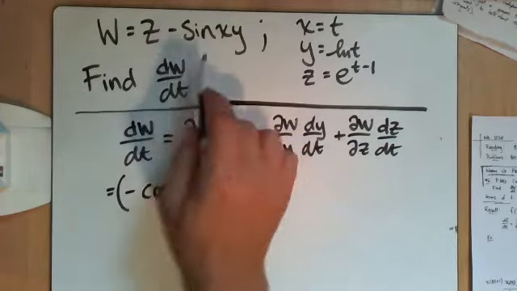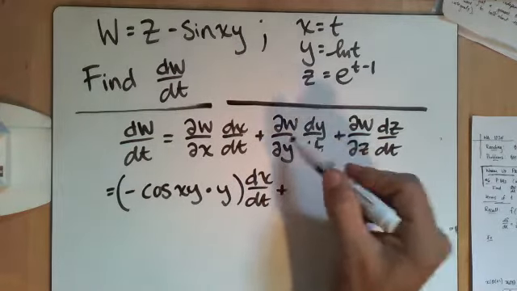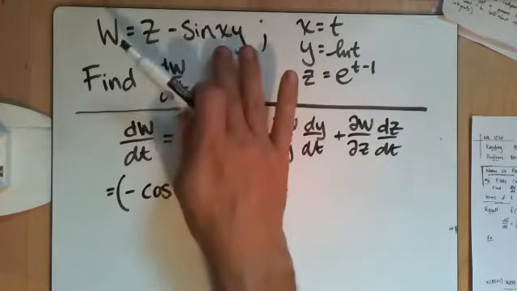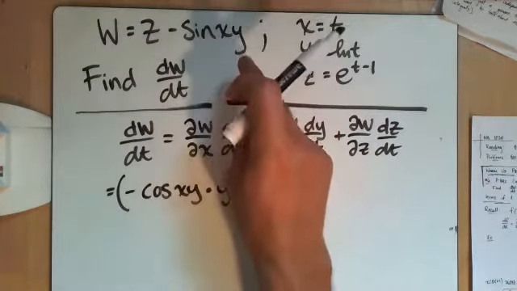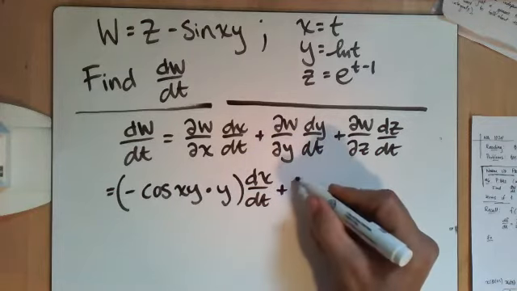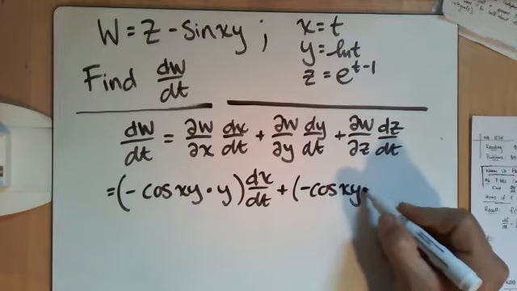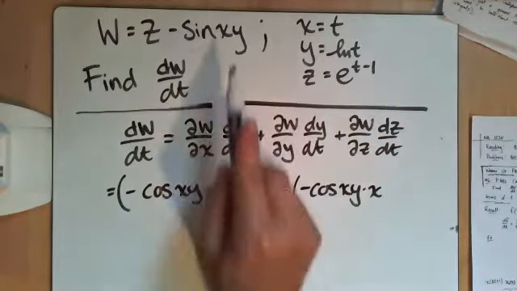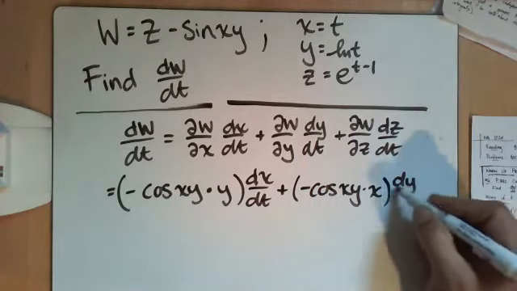Plus, it's the same thing with the partial with respect to y, because this is symmetric; X and y are interchangeable. So I get negative cosine xy times x, because when I take the derivative of xy with respect to y, I just get x, times dy dt.